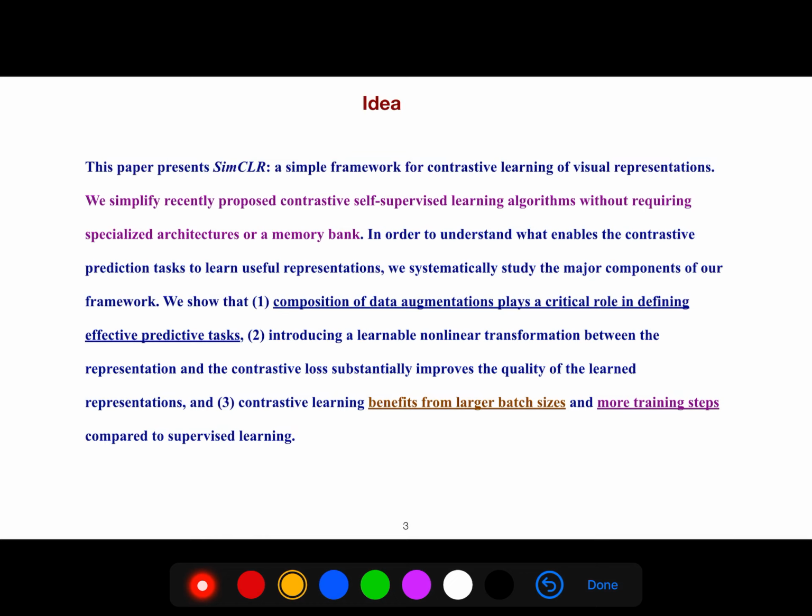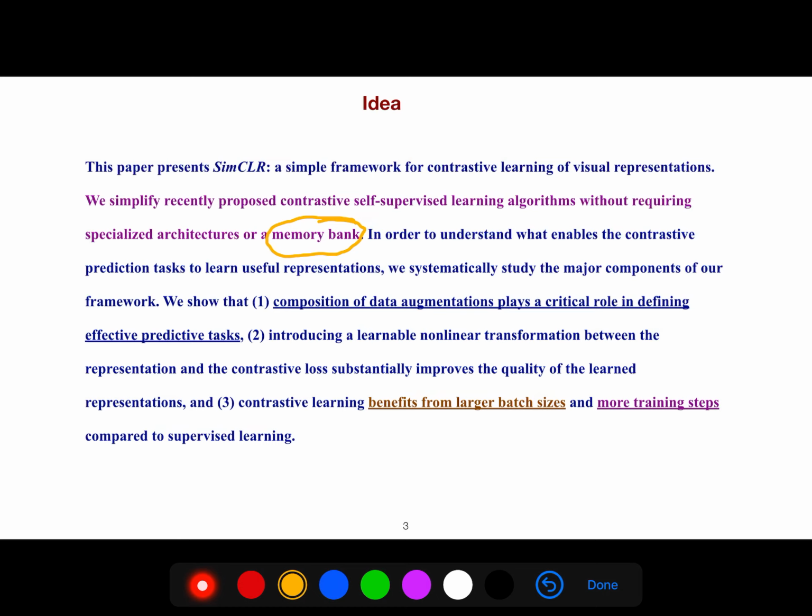We simplify recently proposed contrastive self-supervised learning algorithms without requiring specialized architectures or a memory bank. Because this memory bank has a problem, so we don't even use this. In order to understand what enables the contrastive prediction tasks to learn useful representations, we systematically study the major components of our framework.